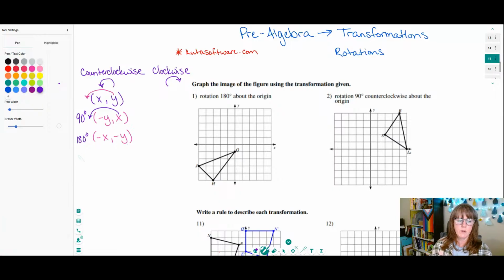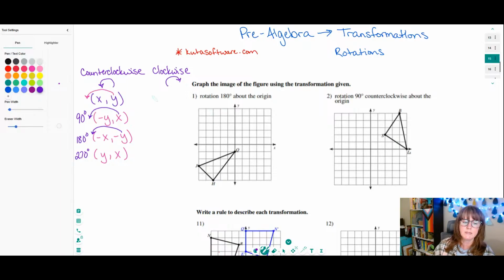All right, and so then if we are asked to rotate another time, 270 degrees, then we're going to do the same motion again. And so now our new coordinate is going to be positive y, x. So all of these that are listed here are all in relation to our original point. So this is something that you can just write out on the side of your paper, and then you can have that available for you as you're doing your different rotations.